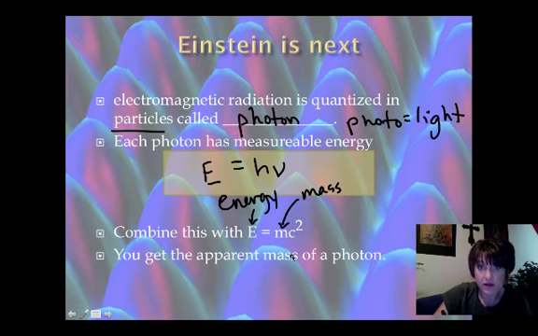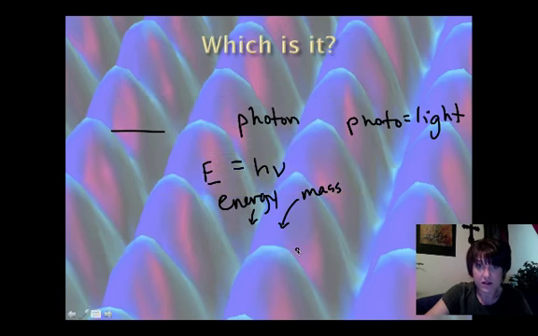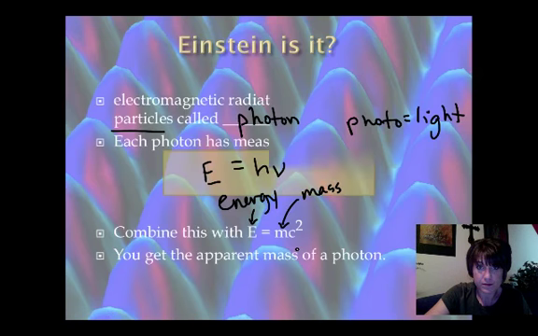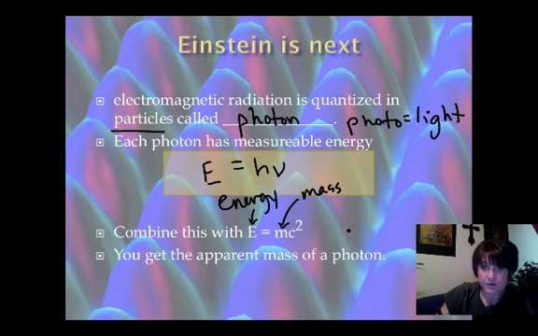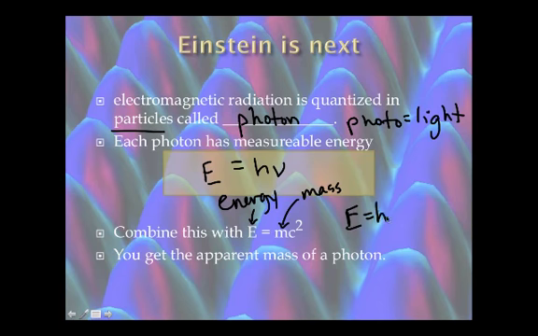So let's see how we might combine these two. Check it out. If we know that energy is equal to h nu, and it's also equal to mc squared, then I'm going to combine these two together. Frequency is related to wavelength in this way, that speed of light is equal to frequency times the wavelength.